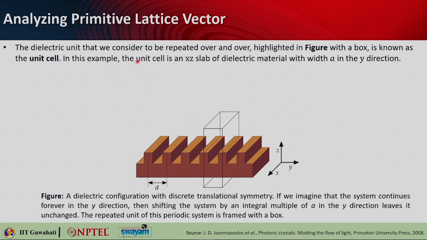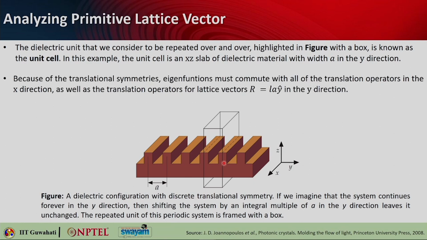In this example, the unit cell is an xz slab of dielectric material which has a width a in the y direction. So, if you describe your unit cell like this, it is clear that it is a 1D periodic structure.